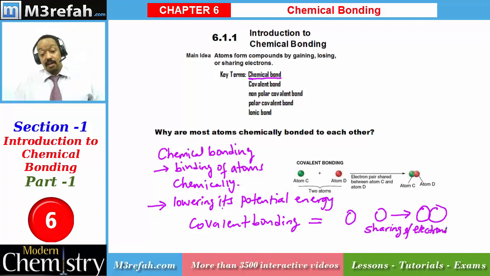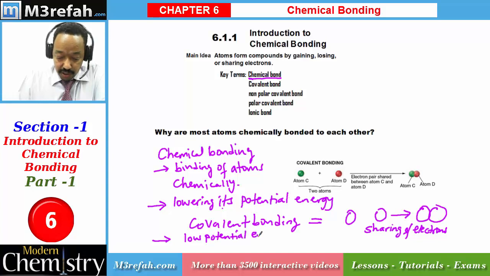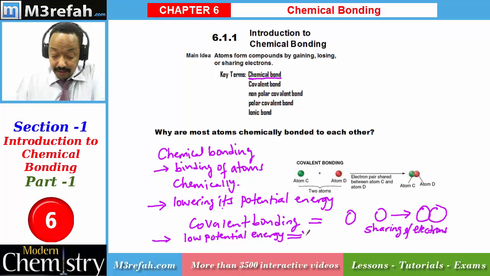As we have already said, the reason atoms come together is to maximize their stability. Low potential energy means high stability.